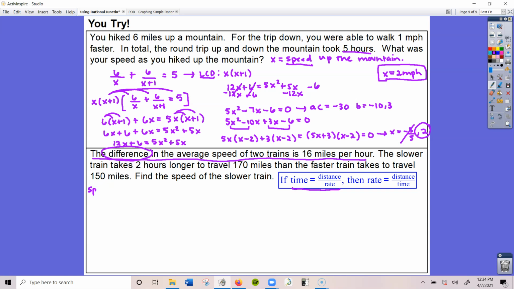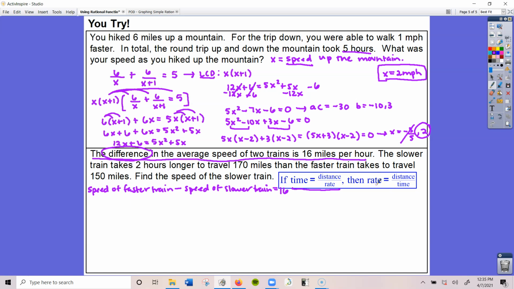So this is speed of the faster train minus the speed of the slower train is going to equal 16. So now what we do here is we're going to have to write an expression for the speed of the faster train and an expression for the speed of the slower train.